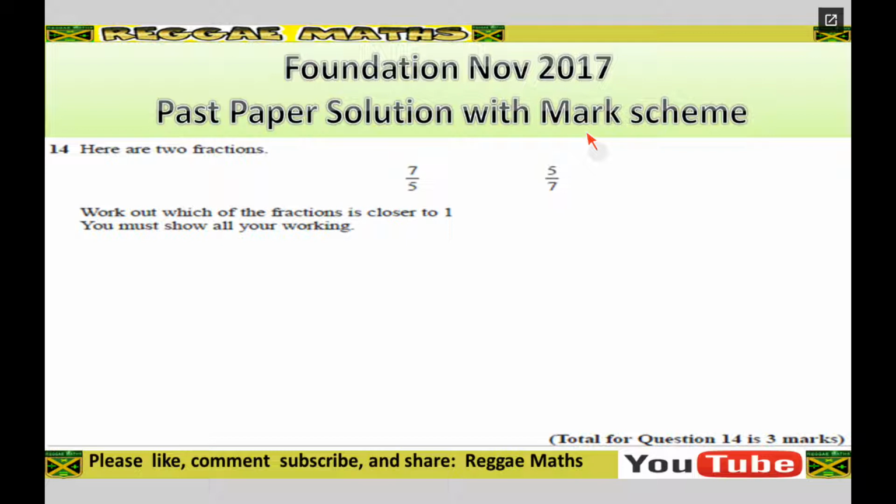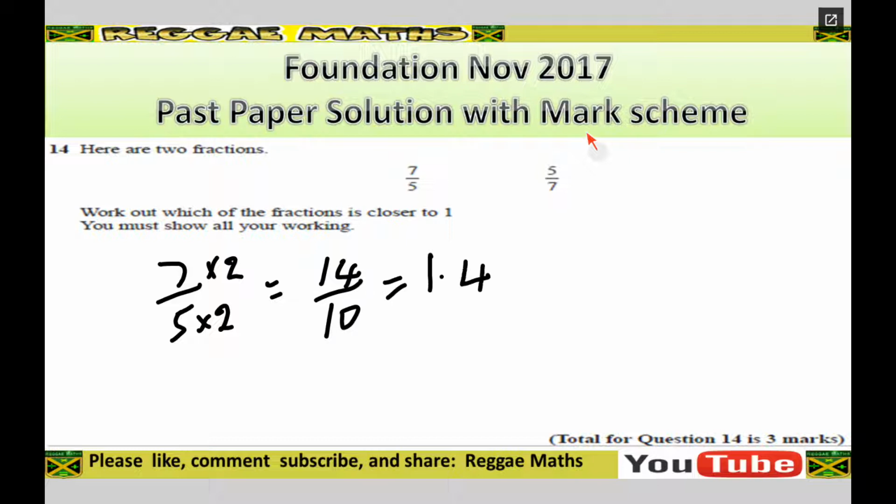If we look at this, we can realize that 7 over 5, I'm going to multiply by 2 on top and bottom, because I want to write this as a decimal to help me. That gives me 14 over 10, which is 1.4.